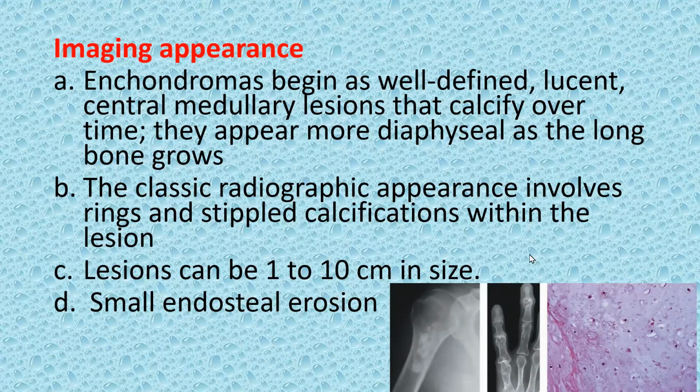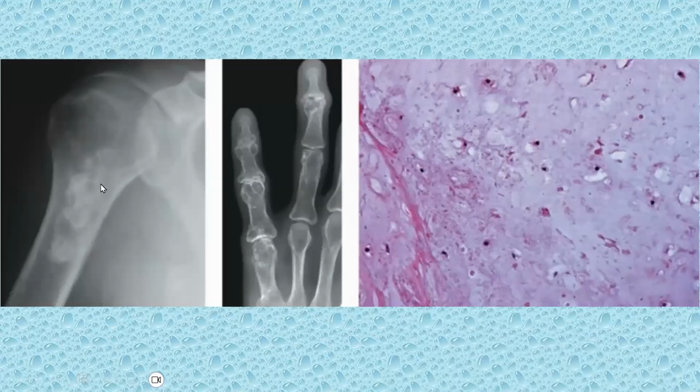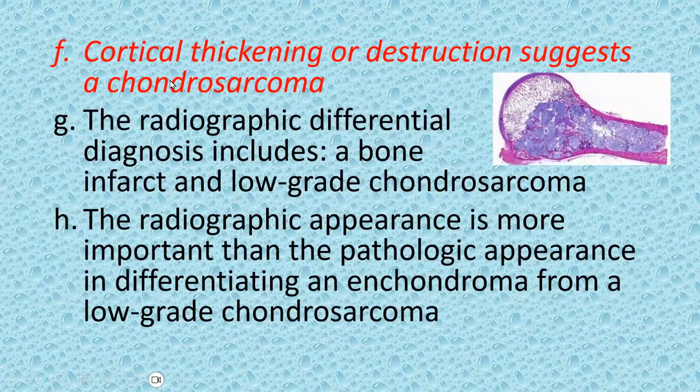These show you the various lesions, the ground substance or the matrix, which is bluish on hematoxylin and eosin stains. You see the nucleus. You see they are not very aggressive. Cortical thickening or destruction, as I have repeatedly said, suggests a chondrosarcoma. A radiographic differential diagnosis includes bone infarct, which I have repeatedly mentioned, and low-grade chondrosarcoma.